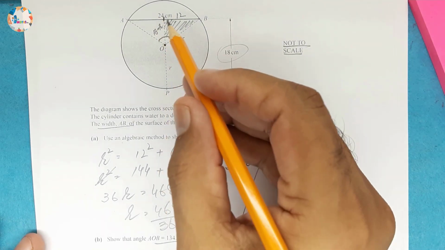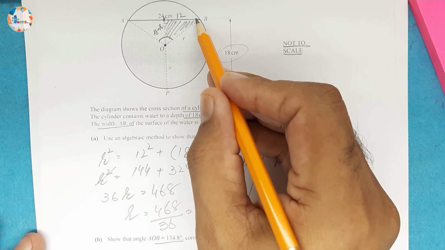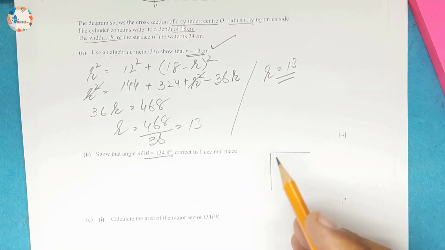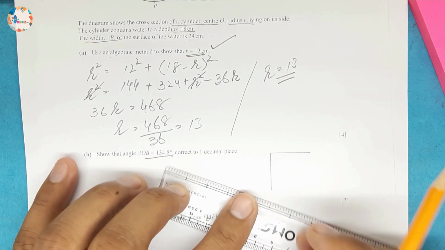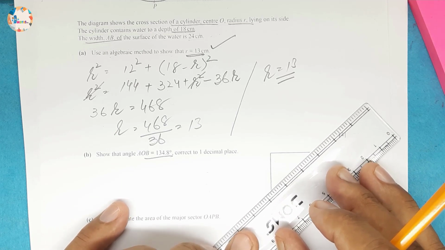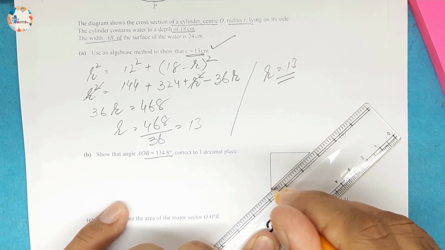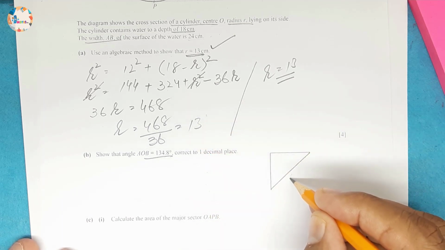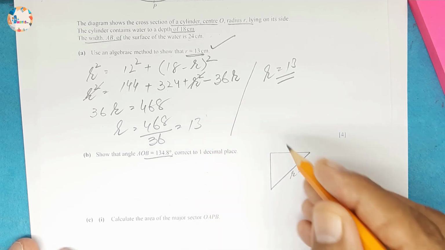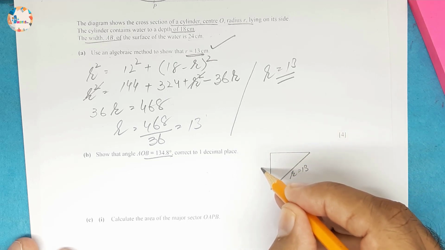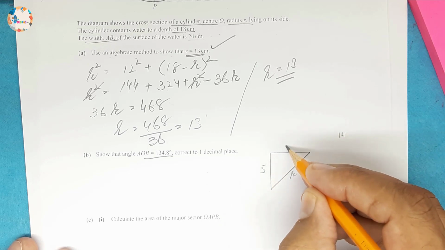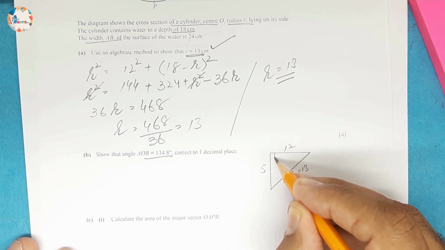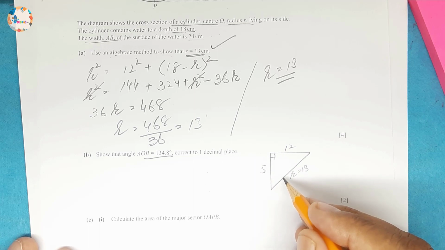I'm going to draw this triangle like this, and this side is r, which is 13, the value we calculated. And this is 18 minus r, which is 18 minus 13, which is 5, and this side is 12. This is a right-angled triangle, and we need to find this angle.